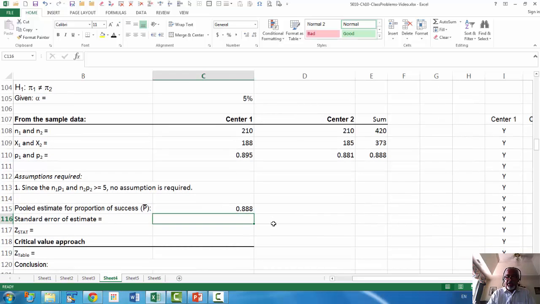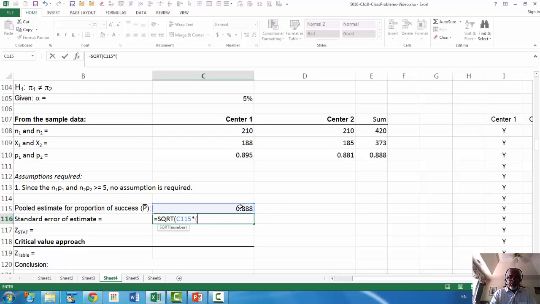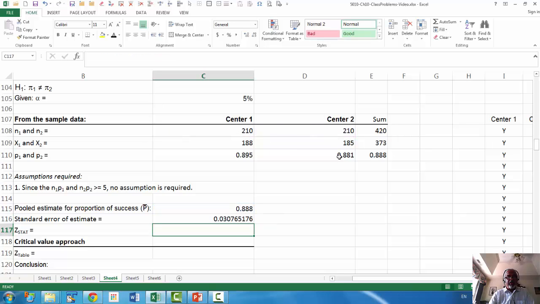Okay. Now standard error is square root of p bar times 1 minus p bar times 1 over n sub 1 plus 1 over n sub 2. I need one more bracket. So that will give us the standard error.